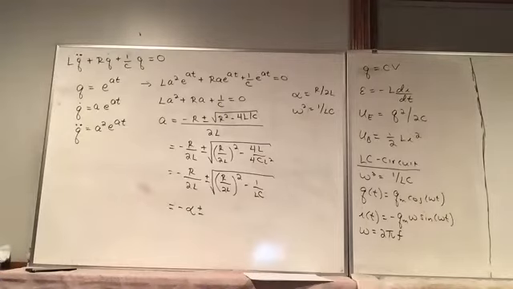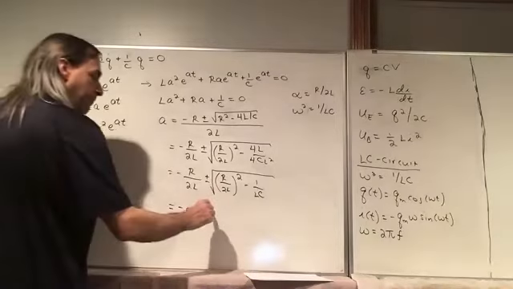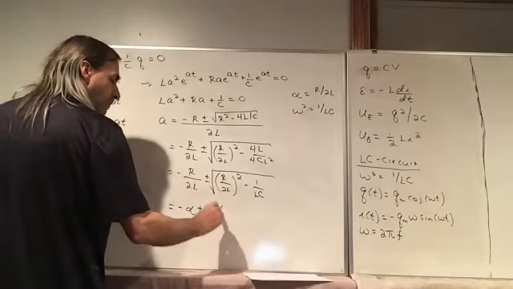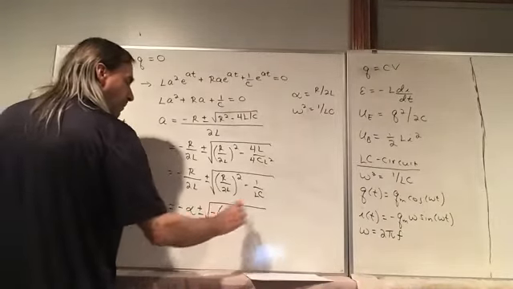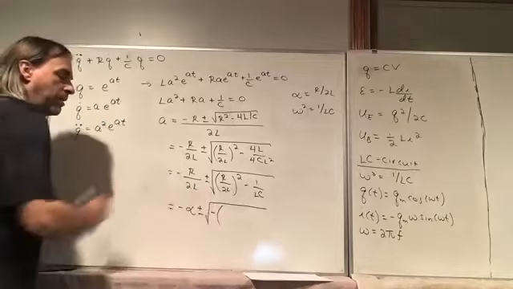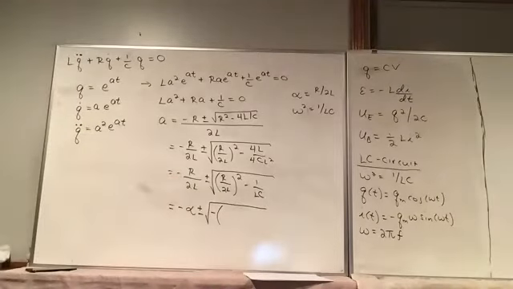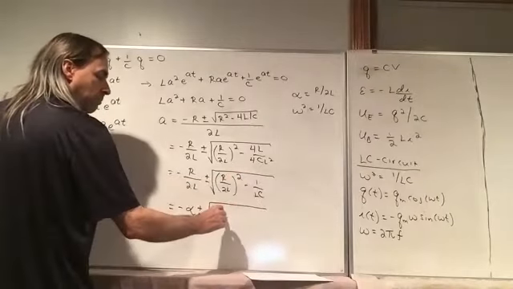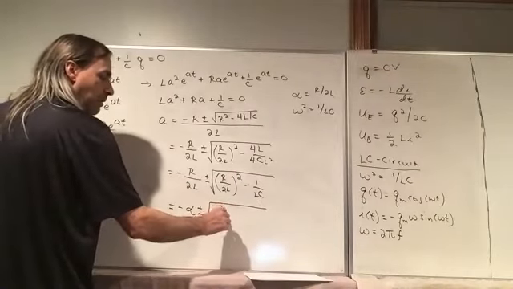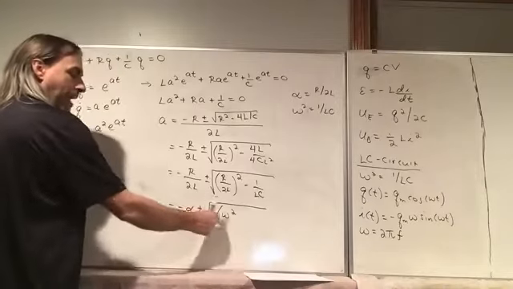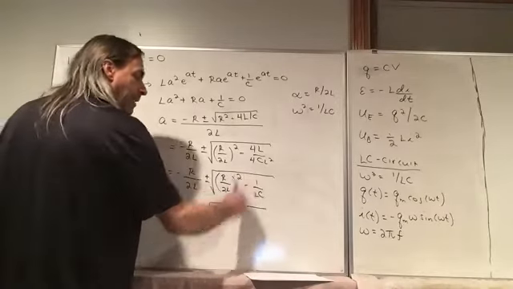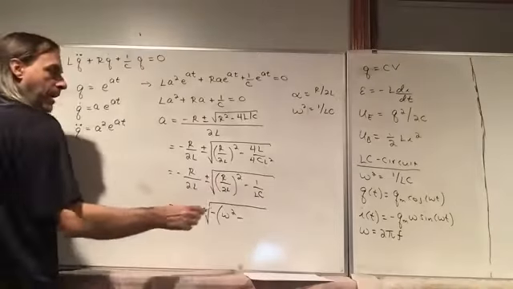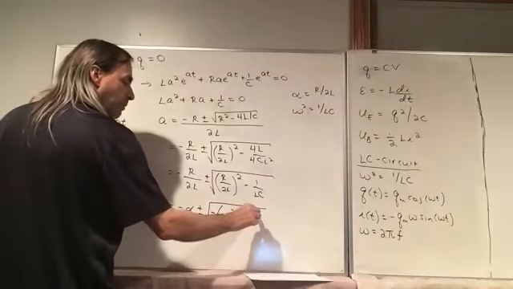Now I'm going to do something kind of strange here. Let's put a minus sign in front. So here we have omega squared. So again, minus omega squared, that's minus 1 over LC. And now this term, that would be alpha squared.